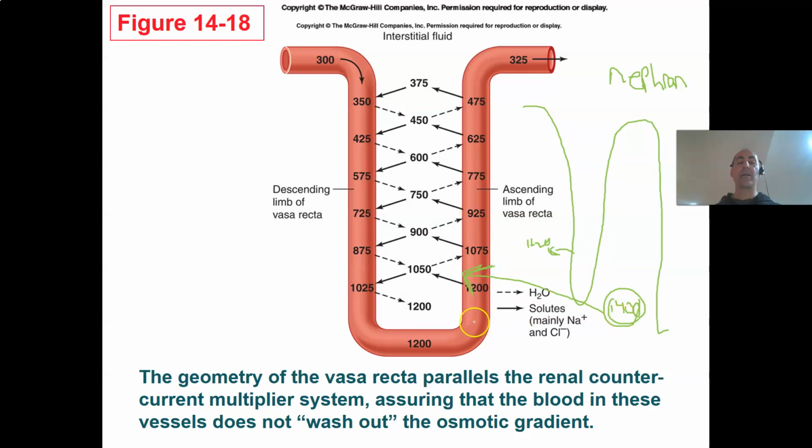You'd be creating a gradient. If this was all 300 and this is 1400, you'd pull water from the vasa recta, and it would essentially wash out this gradient so that it would eventually go to 300.